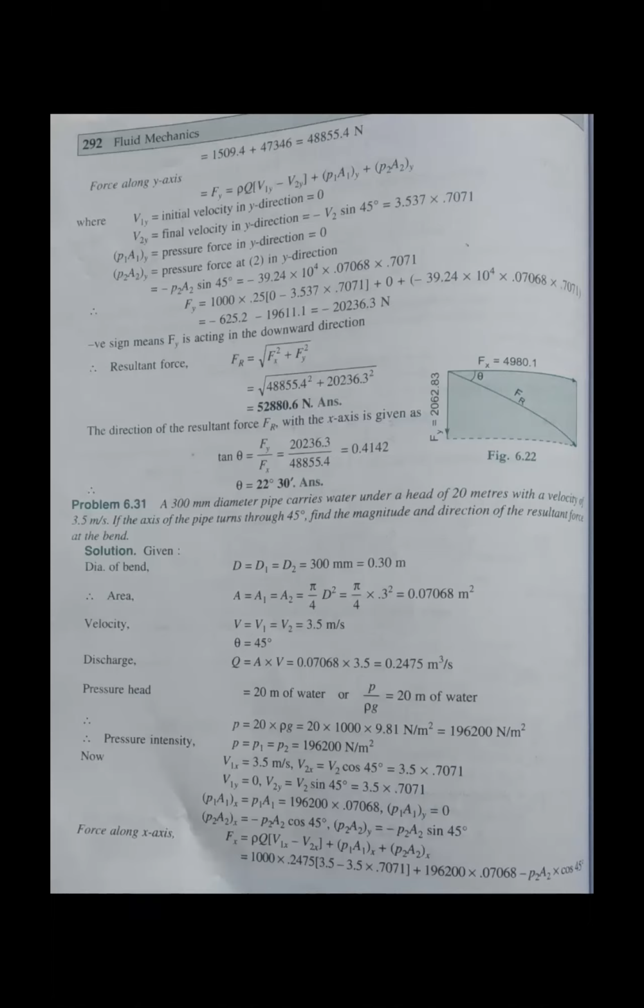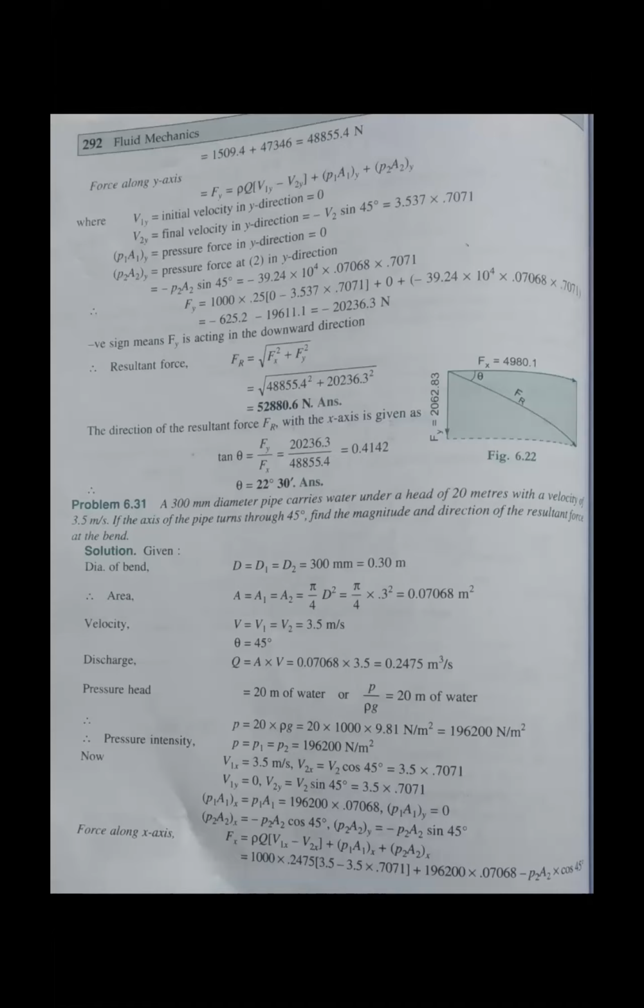The net force acting in the y direction is P1A1 in the y direction, which is 0, because P1A1 is a force acting in the x direction. But when you resolve in the y direction, it will become P1A1 cos 90, which will be 0, plus P2A2 in the y direction.